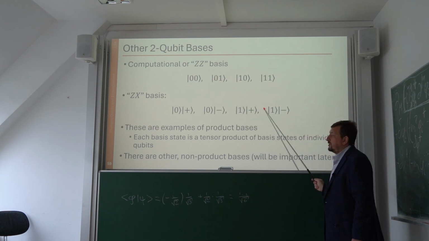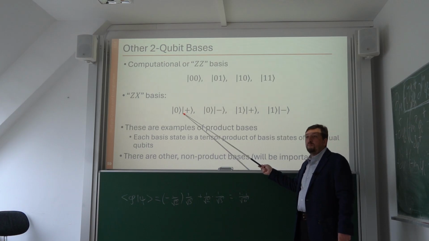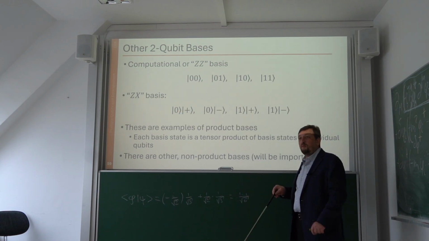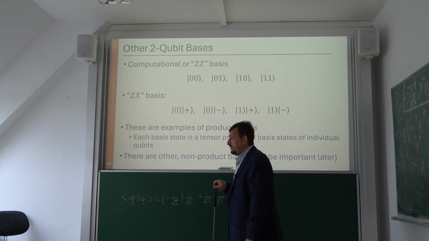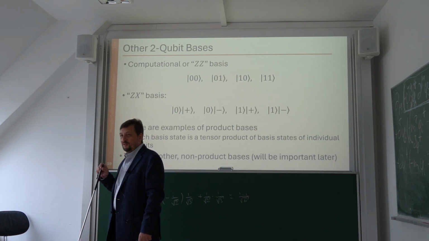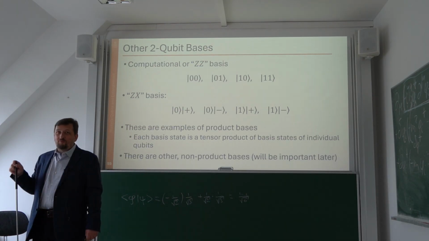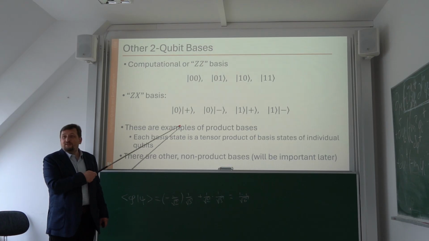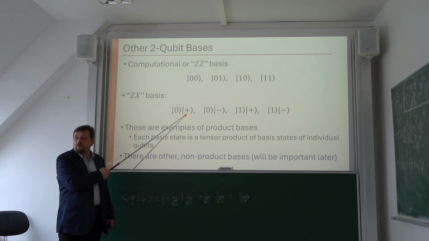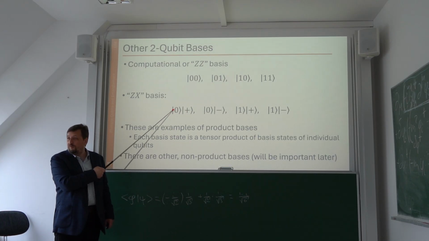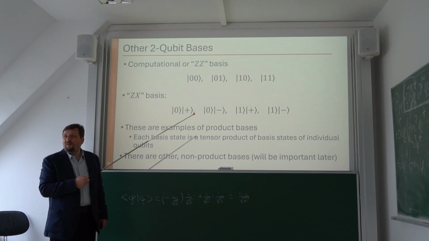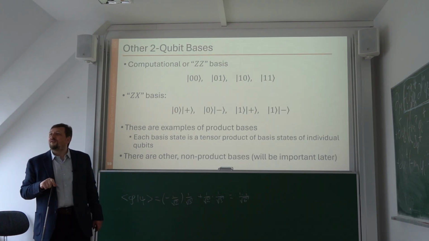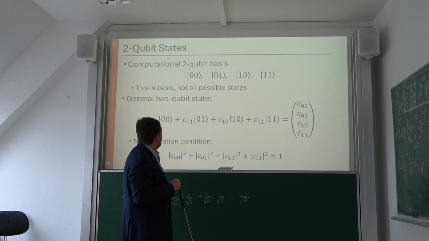That goes for all these states, like here, qubit number 0 in state plus, qubit number 1 in state 0. This is an example of a product basis. We will see in the next lecture that there are other bases that we can use. And you may wonder how that can be, since if we have states, then of course qubit number 0 is in some state and qubit number 1 is also in some state, right? That's not necessary in quantum physics.